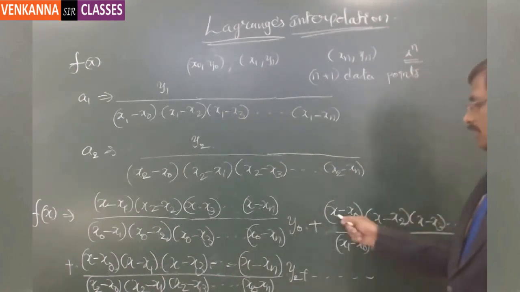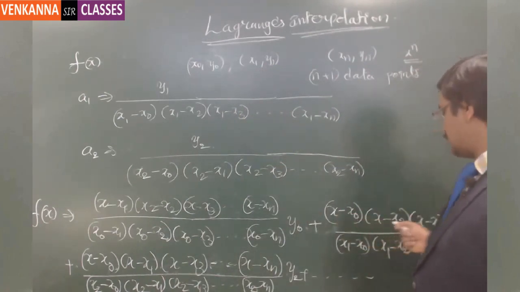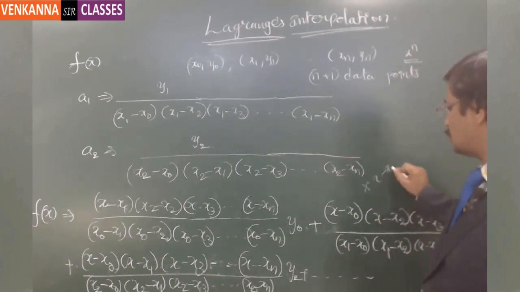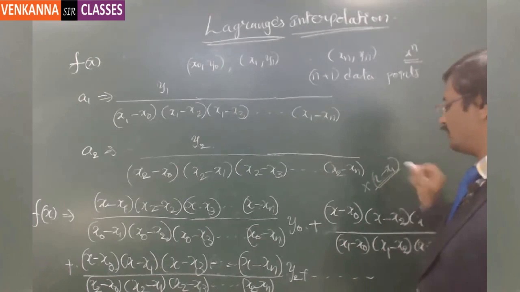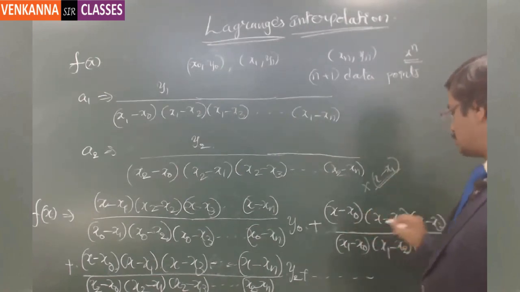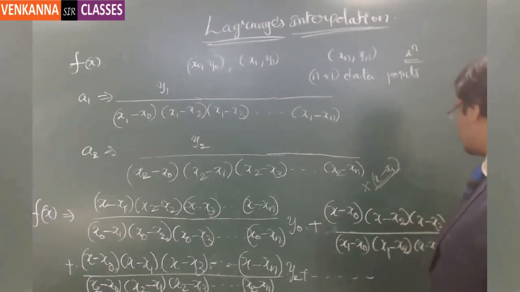The second term, x minus x0, x minus x2. So here there is a missing term of x minus x1. So this you have to remember. x minus x1 won't be there here. x minus x0, x minus x2, x minus x3, dash dash dash, x minus xn.